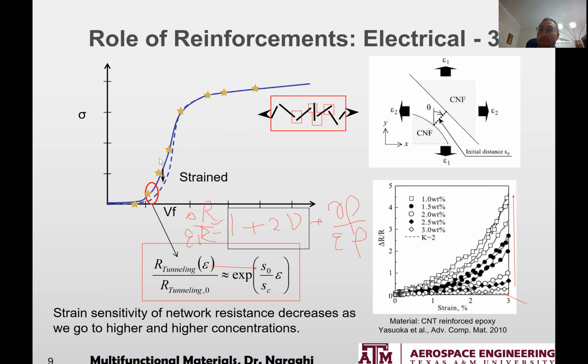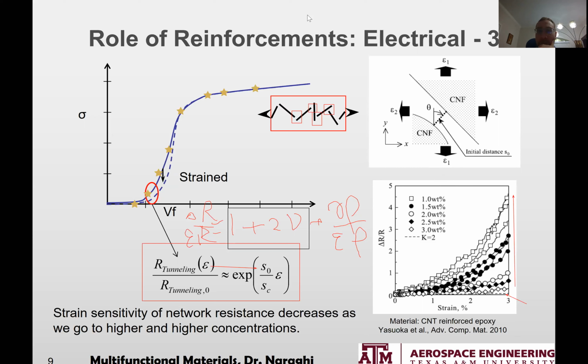We're very sensitive to the volume fraction. So even slight changes in the volume fraction, which is equivalent to slight changes in the average spacing between carbon nanotubes, can result in a significant change.